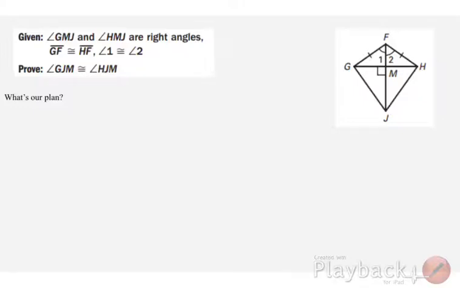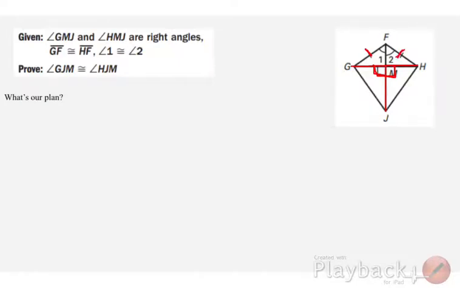Let's create a plan. All right, so when we're looking at here, we know that GMJ, we know that this angle here is a right angle, okay? And we know that HMJ is also a right angle. That's given to us. And then we know that GF is congruent to HF, okay?